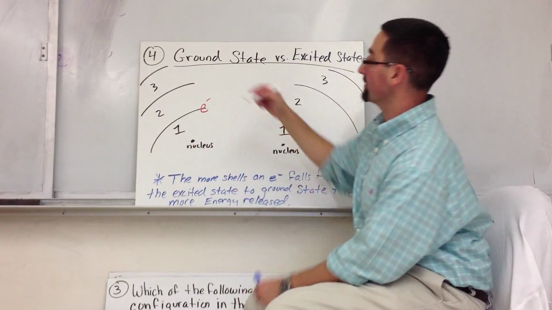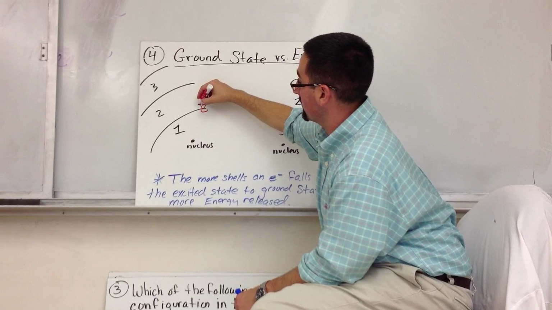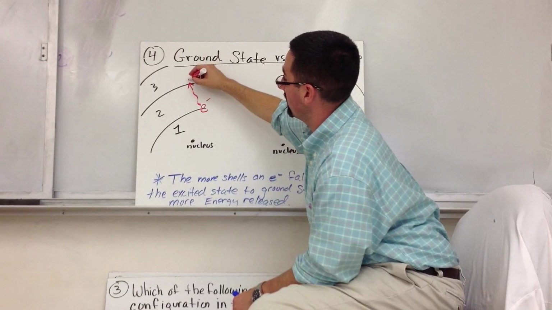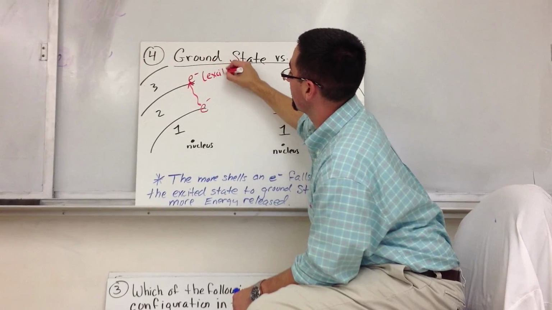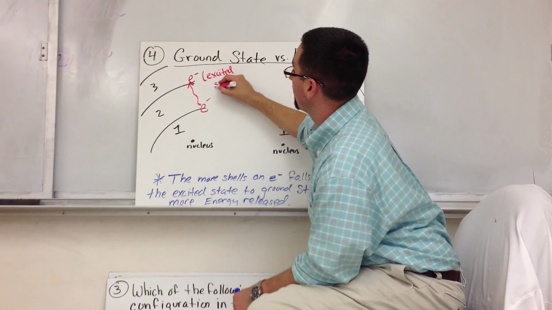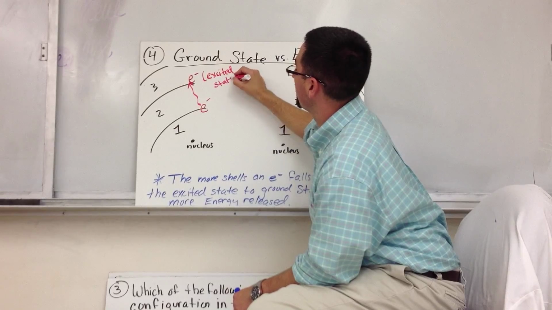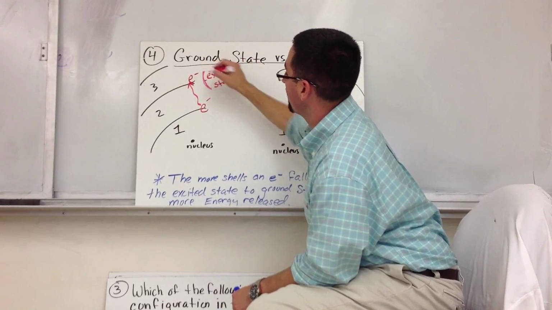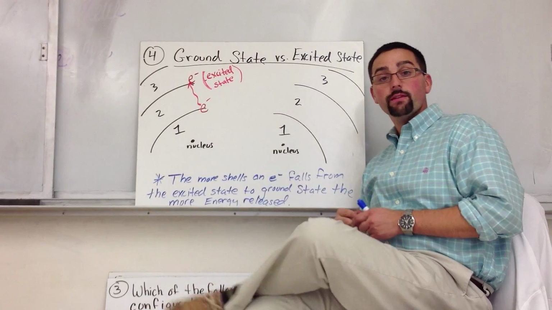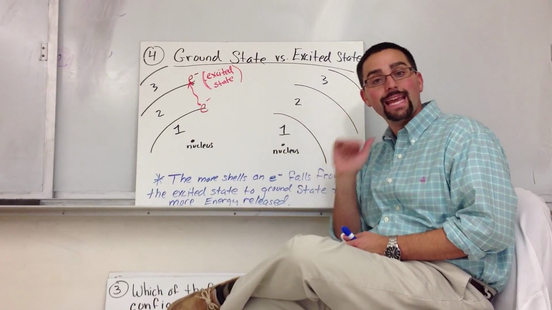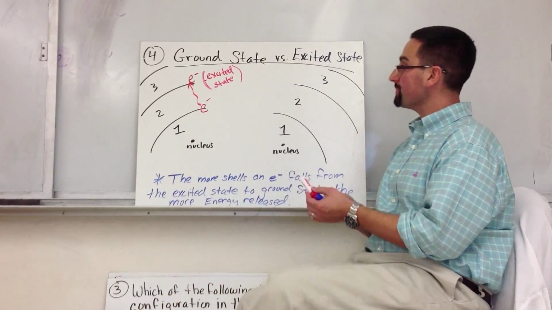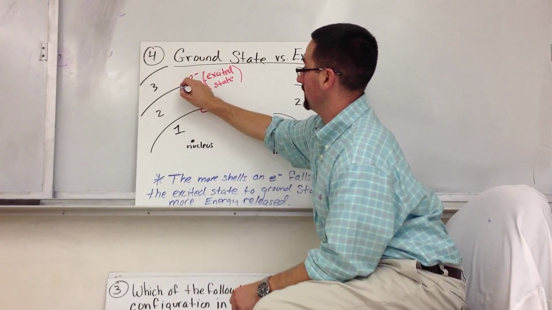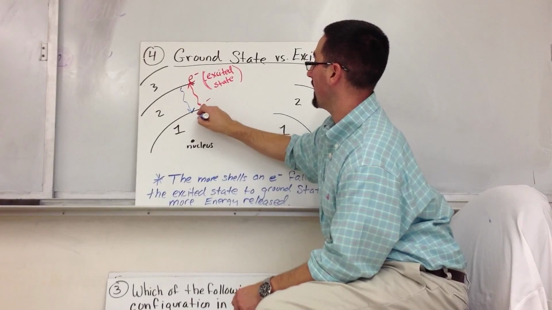If this electron were to gain energy, let's say it climbs to the second shell, it's now in the excited state. And it's going to stay there until it loses that same quanta of energy, that same amount of energy. If it falls back down, it reverts back to the ground state.